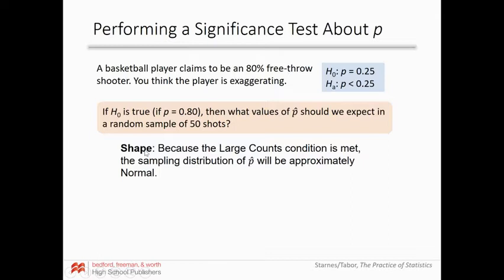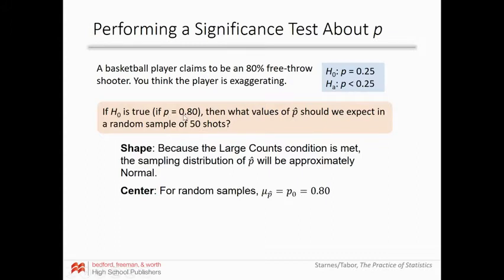So also thinking about where those conditions fall into it, and why they're important. We can talk about the shape of the distribution, and because of the large counts, n times p naught and n times 1 minus p naught, it tells us that the sampling distribution of p hat will be approximately normal. For the center, we're assuming p to be true.